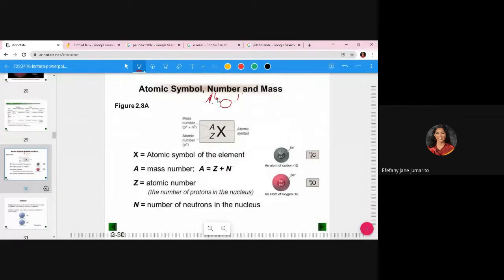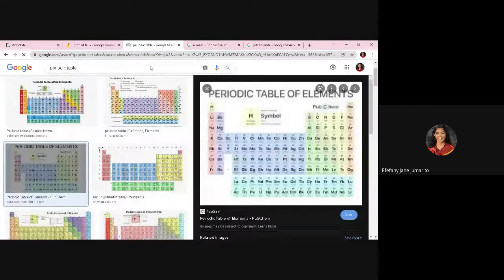And then the atomic number is your Z. Your periodic table is arranged in monotonic atomic number. Atomic number is also the number of protons in your element, in your atom. If you have magnesium, how many protons are present in magnesium?